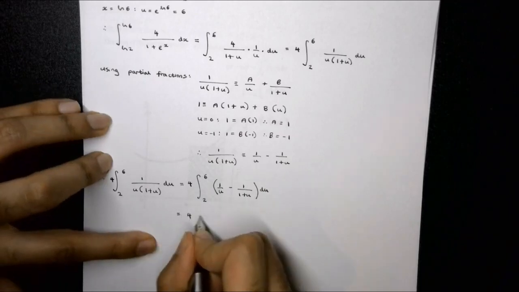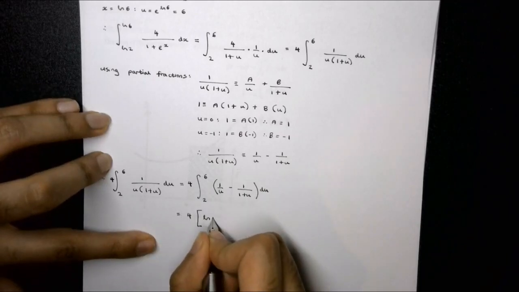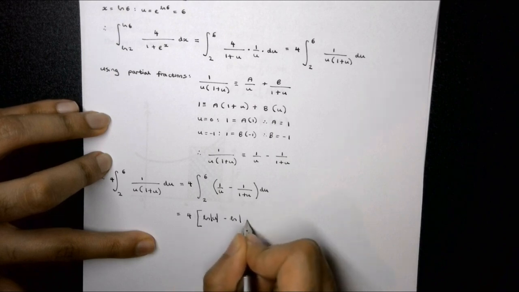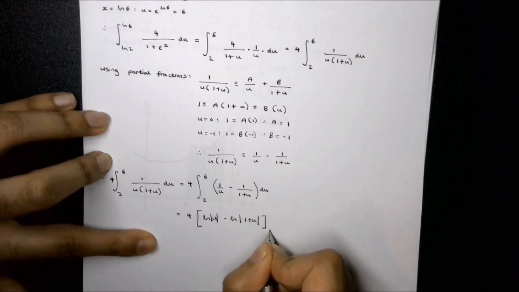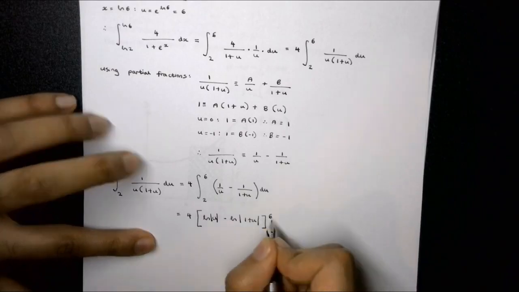So we've got 4 lots of natural log u minus natural log 1 plus u from 2 to 6.